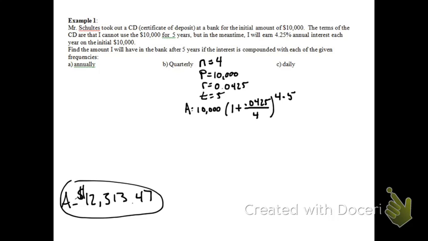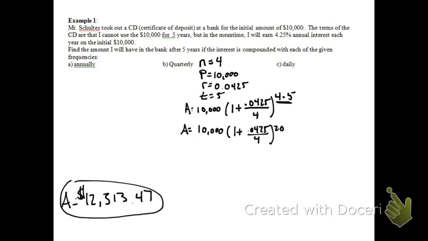Well, this is not very pretty. The only thing maybe I would do before I type it in my calculator is multiply the 4 times 5, right? So we're going to have 10,000, and then in parentheses 1 plus 0.0425 over 4, raise that to the 20th power.